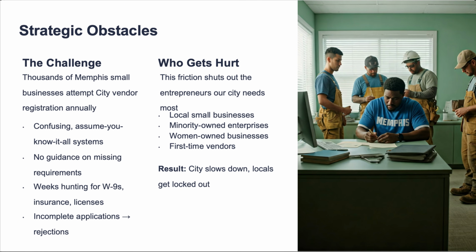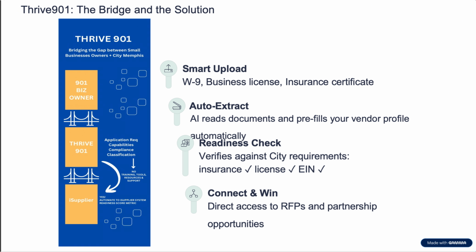It's a digital portal that walks Memphis businesses like us step by step through city requirements, their licenses, W-9s, and all of that. It calculates a readiness score, shows what's missing, and links directly to the city supplier portal. So once they get there, they're prepared and we have no type of hiccups.